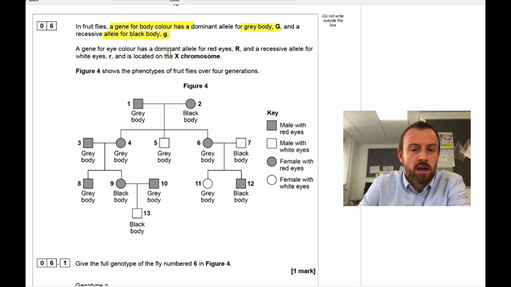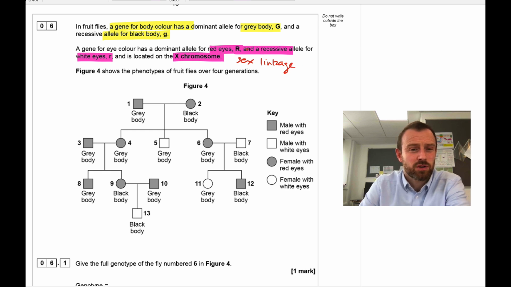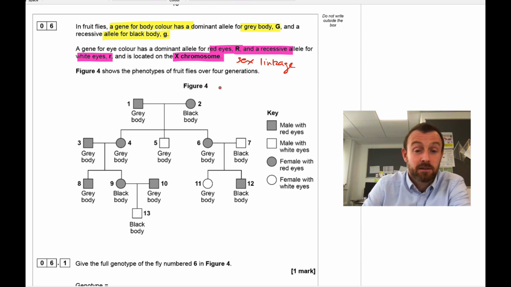A gene for eye colour has a dominant allele for red eyes and a recessive allele for white eyes, and is located on the X chromosome, so this is sex linkage. So we're going to have to look at two different alleles and consider sex linkage. Ouch. So we've got big G, little g, that's normal. Then we've got big R, little r, that's sex linked.